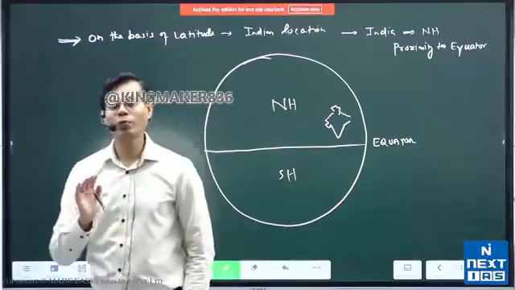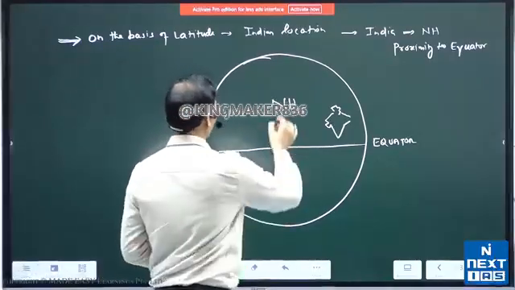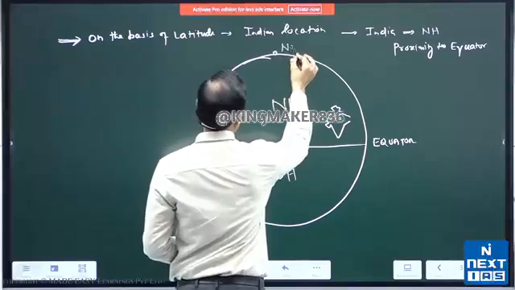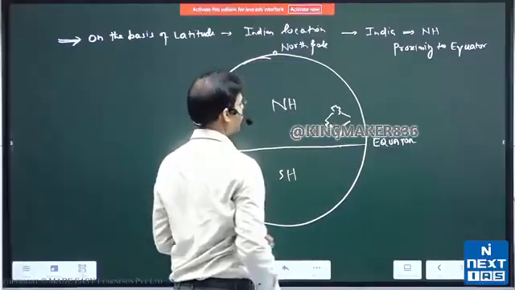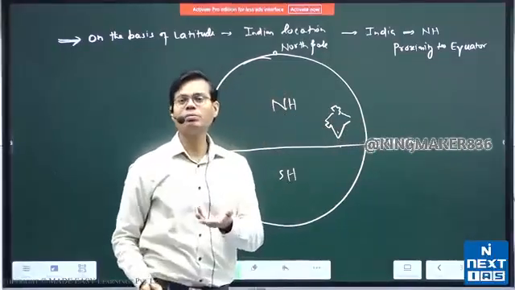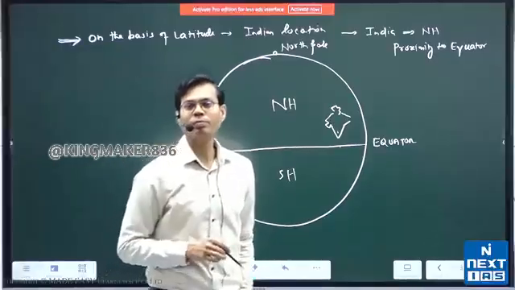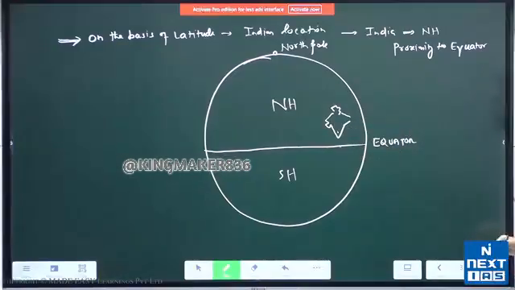Equal division, the equator. That is the North Pole, but relatively India is closer to the equator, especially the southern area of India. Hardly 1000 kilometers, not too far away. So India is very close to the equator.